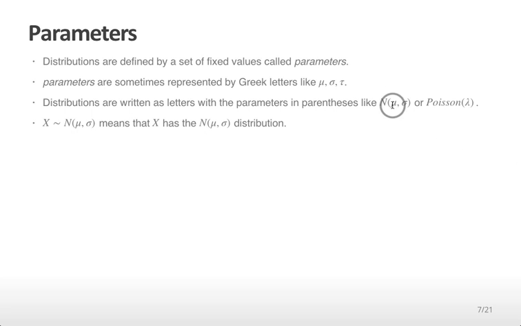This is a normal mu sigma distribution. Similarly, we might see a Poisson distribution with parameter lambda. X tilde normal mu sigma means that X has the normal distribution. This is shorthand that will make it easier to write out specific equations that we need later on.